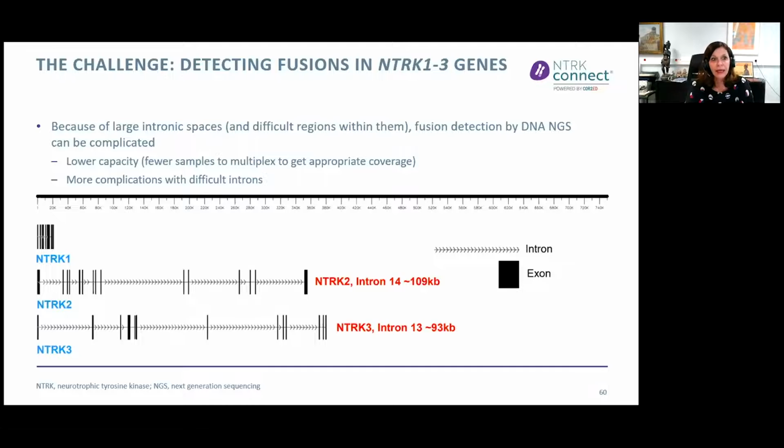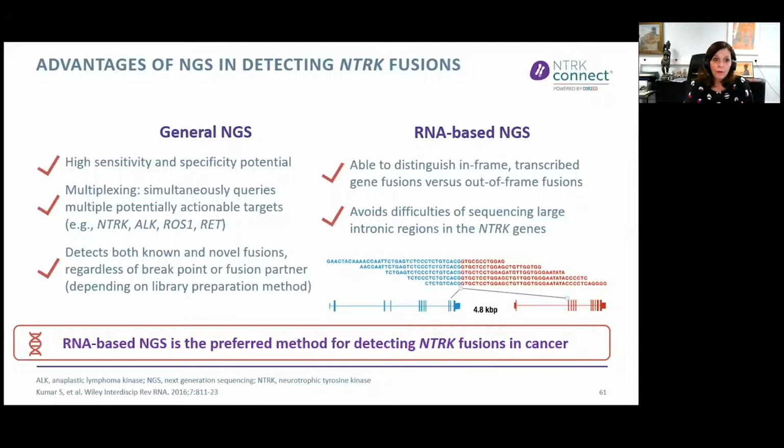So NGS in general is probably the best option for NTRK, because also we can look at other drivers. So we have this possibility of multiplexing and having an all-in-one test. And for NTRK, it can detect both known and novel fusions, regardless of the breakpoint and the fusion partner.